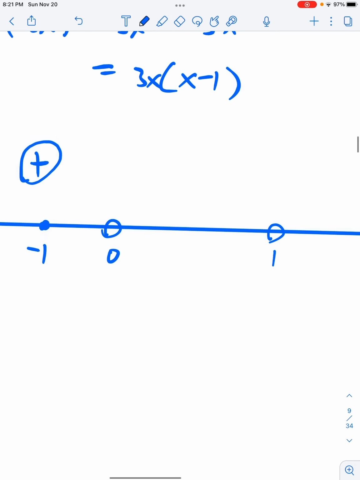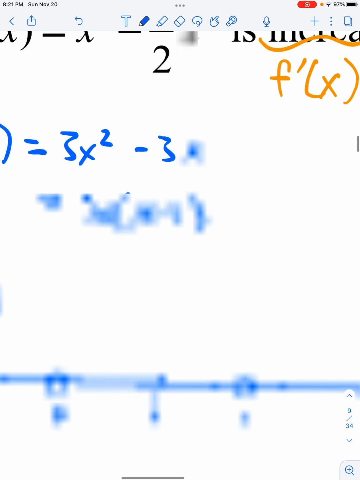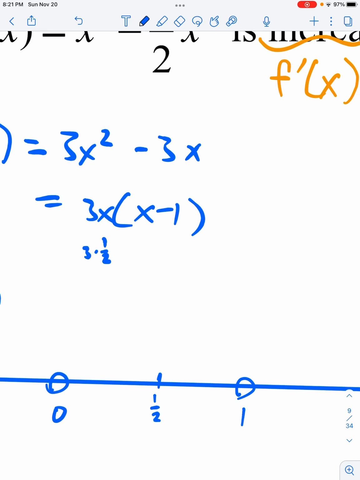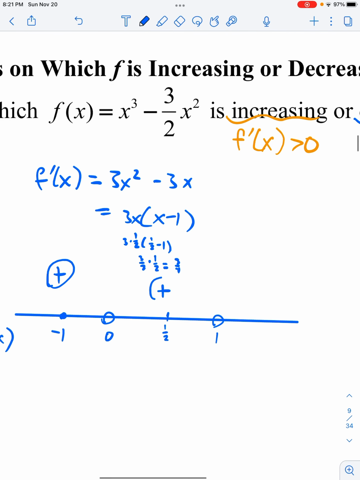There's another 0 here, so let's test 1/2. If we plug 1/2 in, we get 3 times 1/2 times 1/2 minus 1, which is 3/2 times 1/2, which is 3/4. So that's positive as well, right?